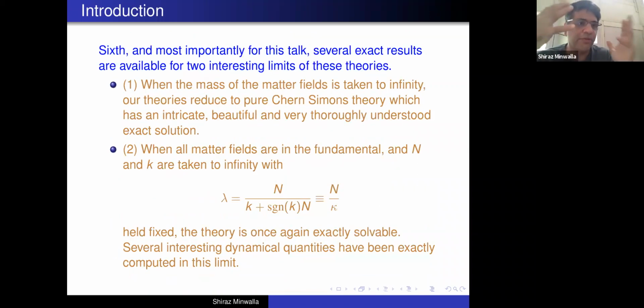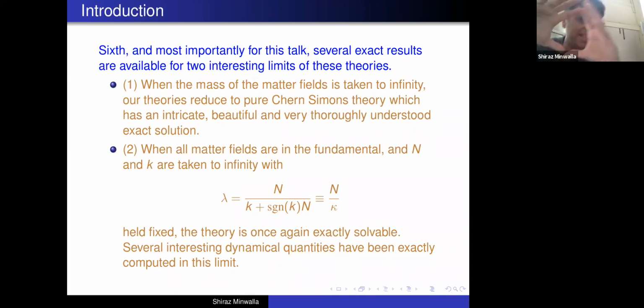But from the point of view of my talk, perhaps the most important reason to study these theories is a technical one. The reason goes as follows. These theories have 2 interesting limits in which they become basically exactly solvable or basically tractable.